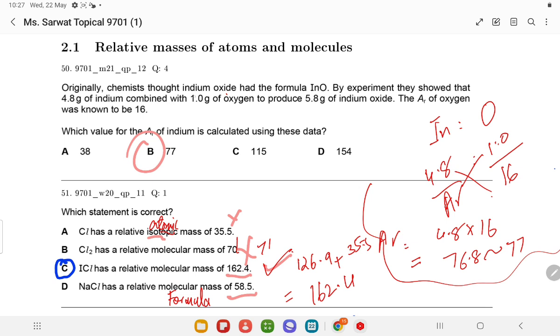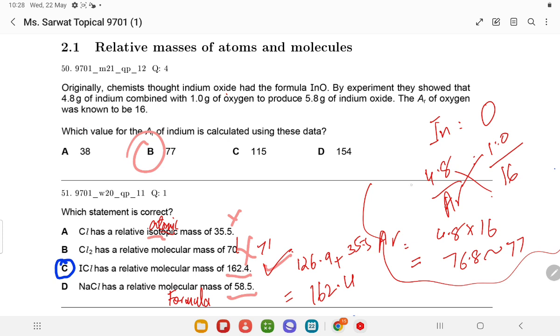Originally chemists thought indium oxide had the formula InO. By experiment they showed that 4.8 gram of indium combined with 1 gram of oxygen to produce 5.8 gram of indium oxide. This is a very simple question to calculate the Ar of indium. So this is how to calculate this question.